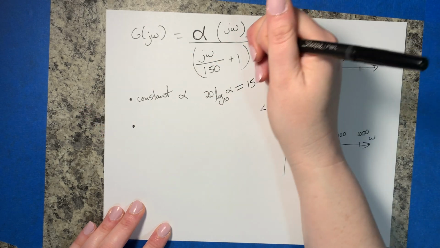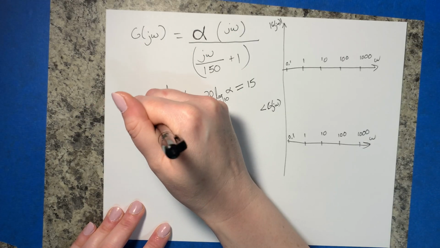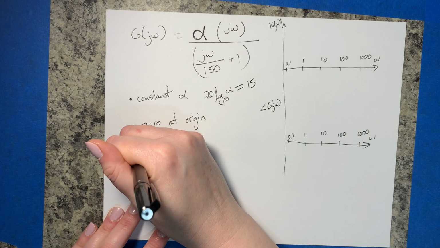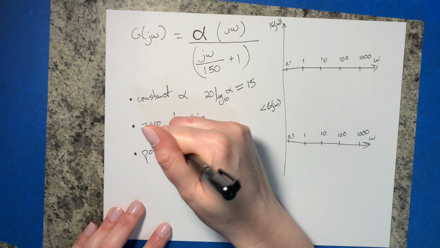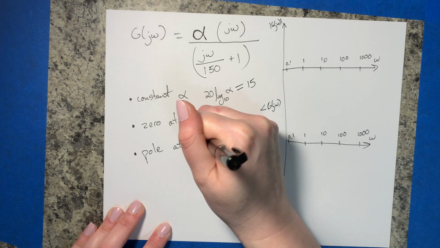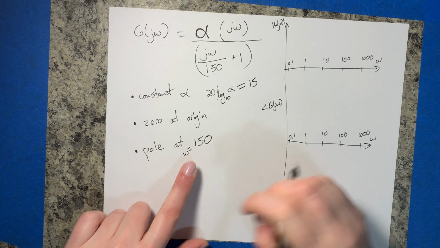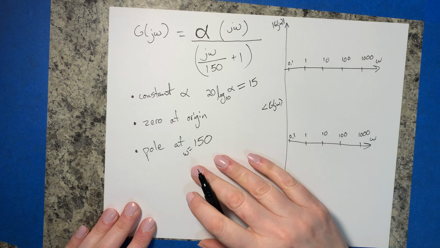And then we have the 0 at the origin, and we have the pole at 150. That's omega equals 150. Okay, so let's get started.